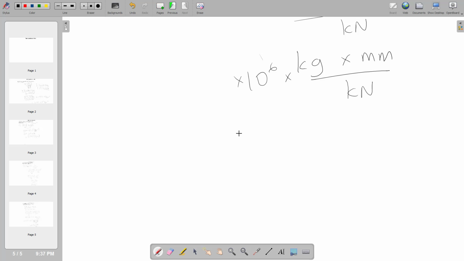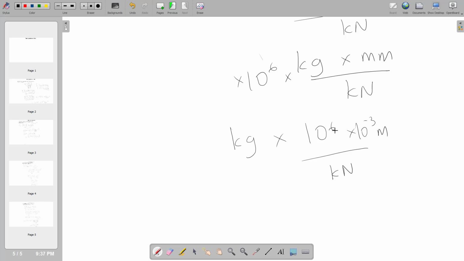So just to isolate our kilogram, okay, so we have our 10 to the 6 and our millimeters and our kilonewton in the denominator. Our milli is actually 10 to the power negative 3. So let me write it that way. 10 to the power negative 3.